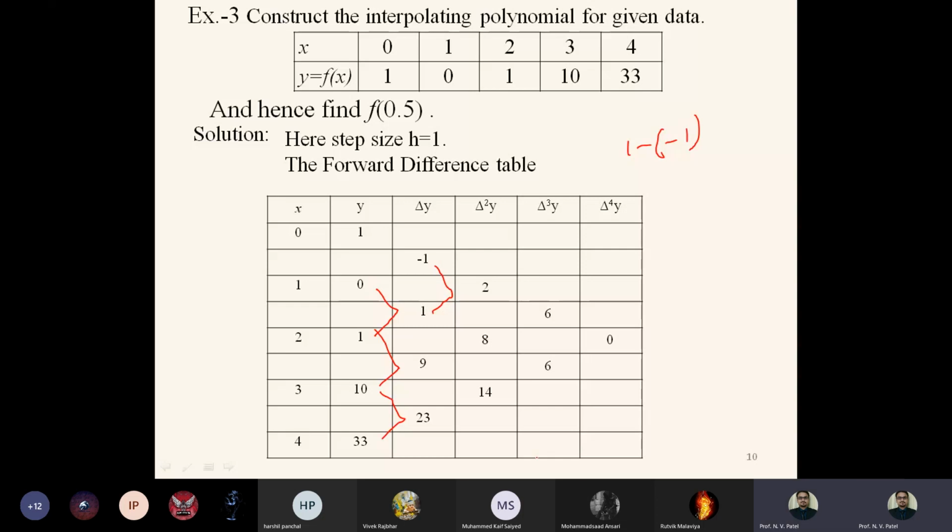And the delta cube values are 8 minus 2, 6, and 14 minus 8, 6. Delta 4 is 6 minus 6, that is 0. To apply our forward interpolation formula, we only require the first values of this table: 1, minus 1, 2, 6, 0.